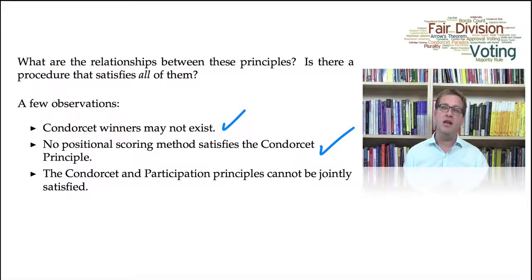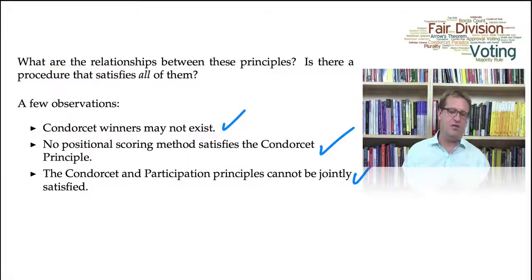And finally, we've seen that the Condorcet principle and the participation principle conflict with each other. This is Moulin's theorem. It says that if a voting method is Condorcet consistent, then there are always situations in which it may be susceptible to the no-show paradox. So these are just a few observations about how these different principles relate to each other and which voting method satisfies which of these principles.